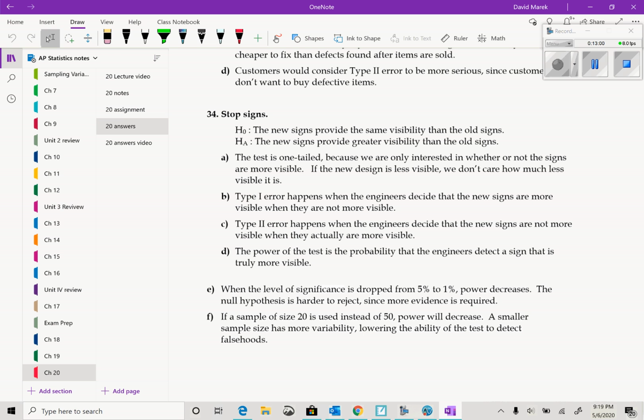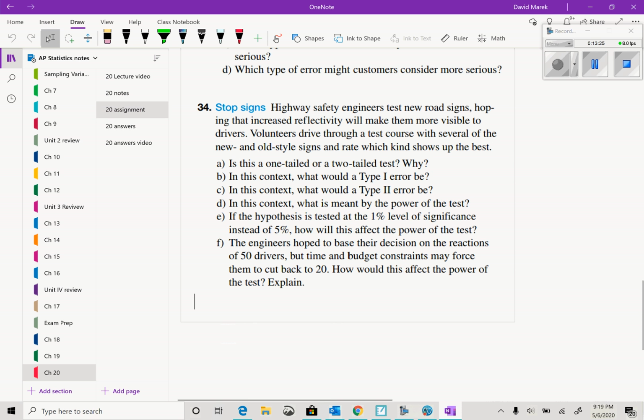The power is a way of saying we're not going to make a type 1 or type 2 error. If they are more visible, we're going to be able to tell that, yes, in the end, our statistics show that they are more visible. That's the power of it, that we draw an accurate conclusion. Don't make a type 1 or type 2 error.